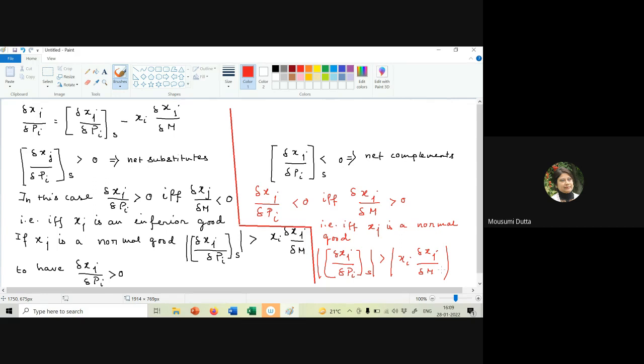Thus, if the commodities are gross complementary, they are also net complementary to each other.